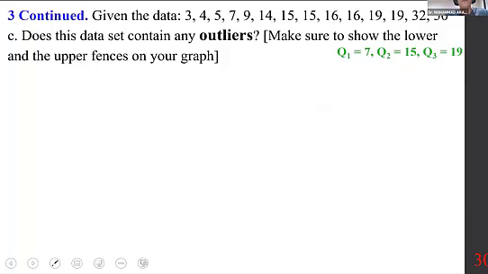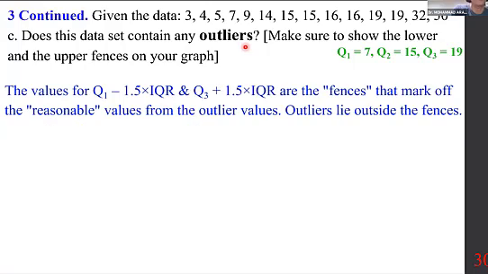All right, we want to find outliers. We are continuing with the same question. We already found the value of Q sub 1, Q sub 2, and Q sub 3, and we are looking for outliers. In short, the meaning of outlier is something that is way beyond what we like it to be as far as the data. But specifically, statisticians give it a definition as follows.